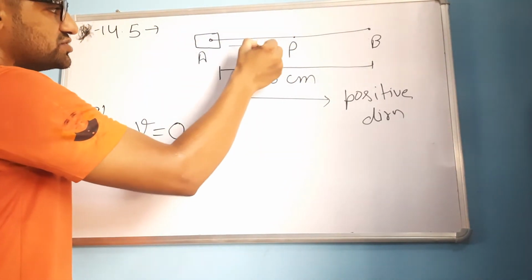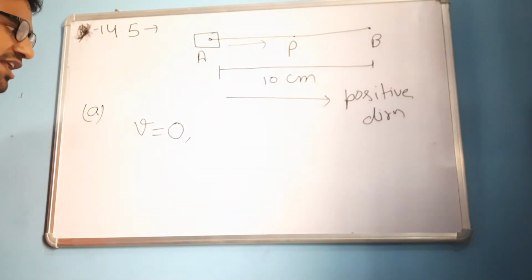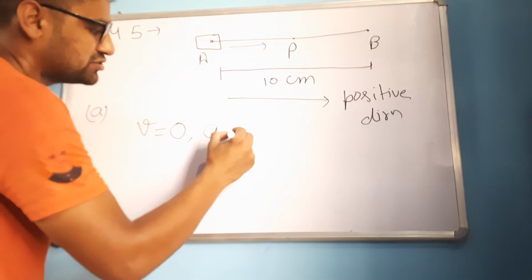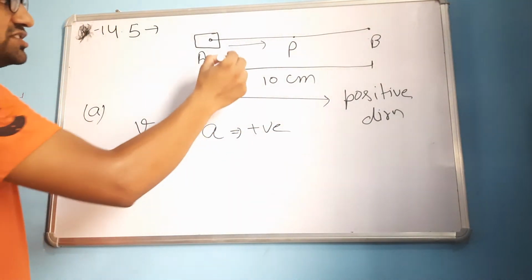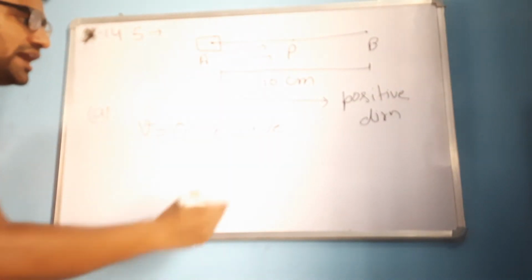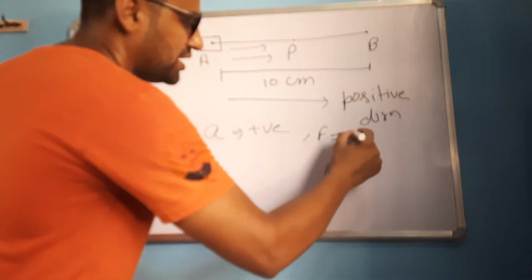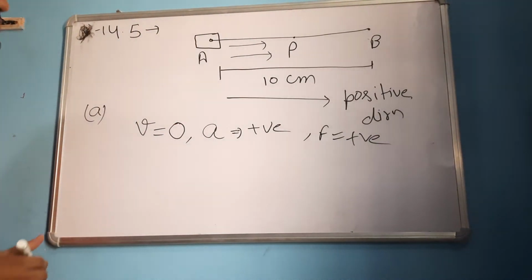So our acceleration is towards this side, and the AB direction is the positive direction, so our acceleration will also be positive. If acceleration is positive, our force will also be in this direction, so force will also be positive.